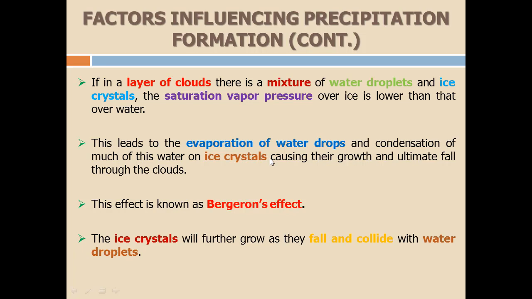Now if in a layer of clouds there is a mixture of water droplets and ice crystals, the saturation vapor pressure over ice is lower than that over water. Saturation vapor pressure you can assume as a pressure which compels vapors to leave the body of the air.